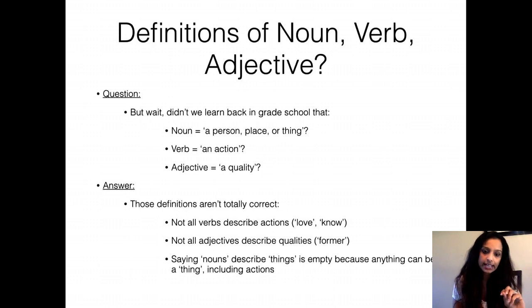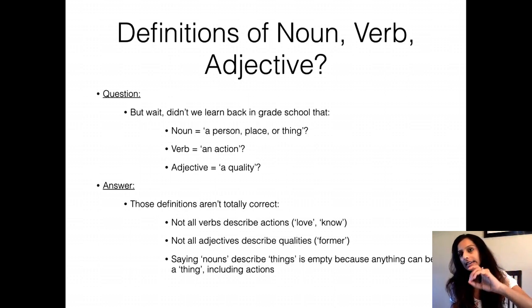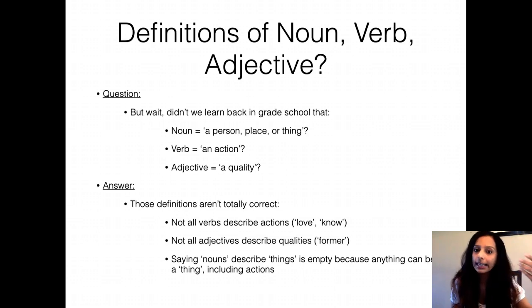What is correct is that the characteristics of these syntactic categories have to do with the kind of position in a sentence that they can appear in. So a noun can appear with a determiner, a verb can appear with a helping verb, and an adjective appears in between a determiner and a noun. So these are syntactic positions.